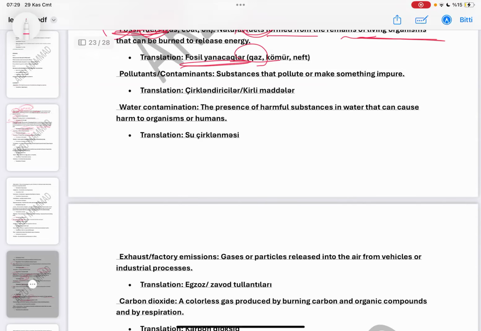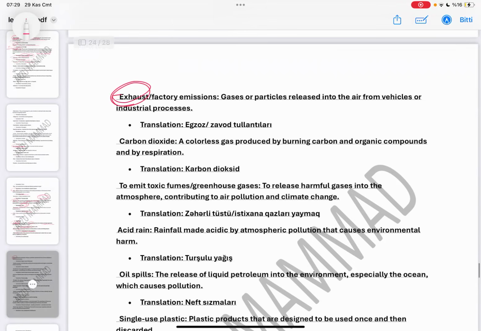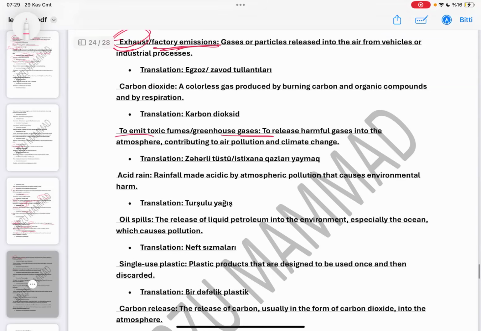Don't forget, guys, contamination is pollution. Contaminate is pollute. Pollutant is contaminant. So you can see its translation here. Exhaust, factory emissions. Emit gases, or we can call it like release gases or exhaust gases.